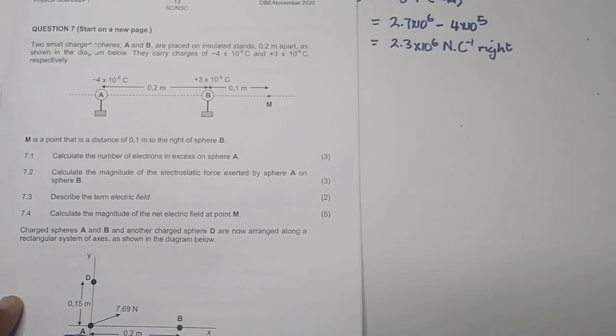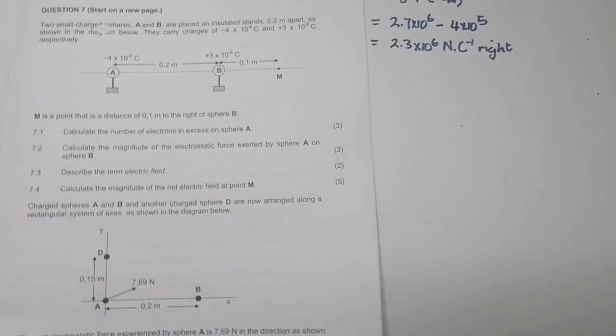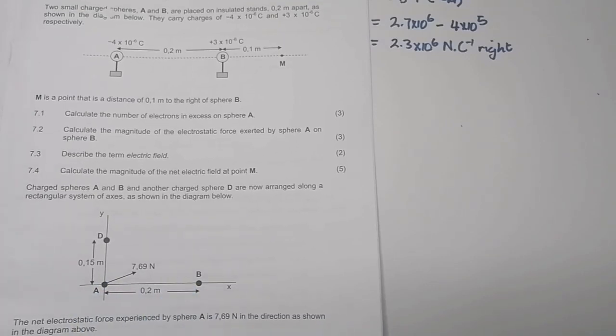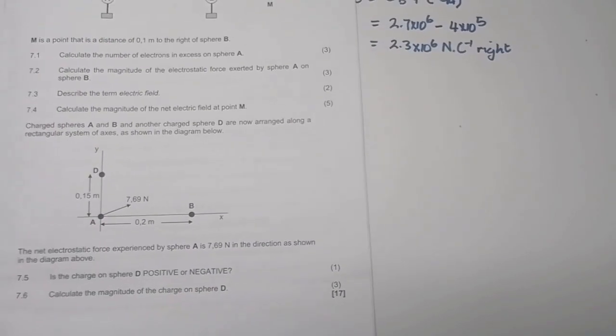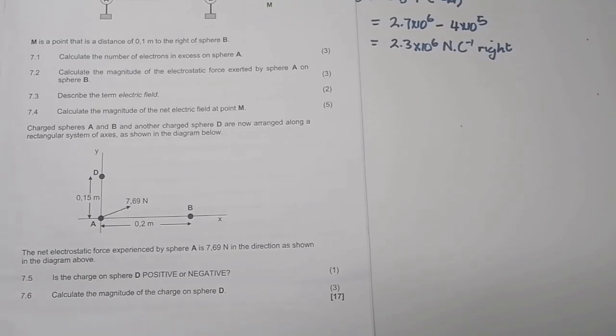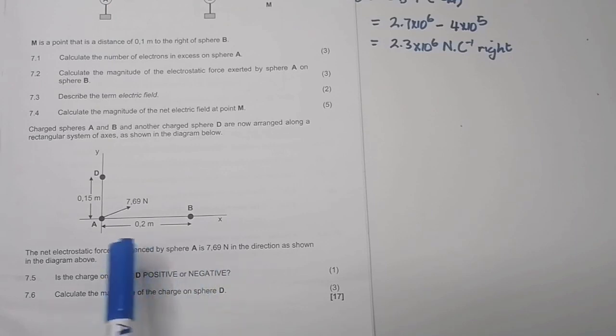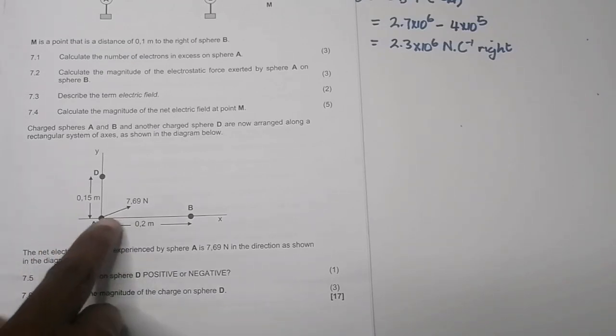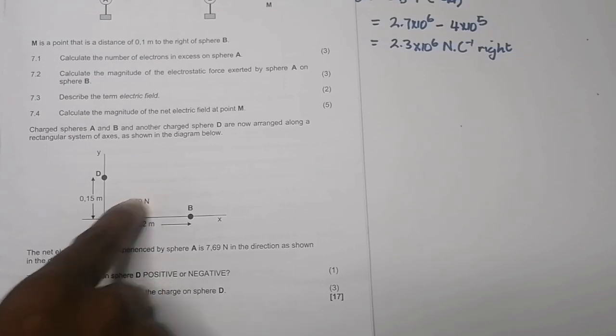So A would experience a force in that direction due to B. It makes sense. But now they say that the net electrostatic force experienced by A is 7.69 in the direction as shown above. So now you have a resultant force that is in that direction.